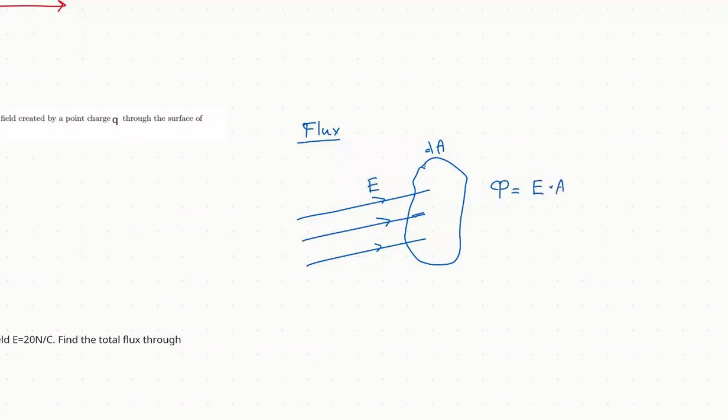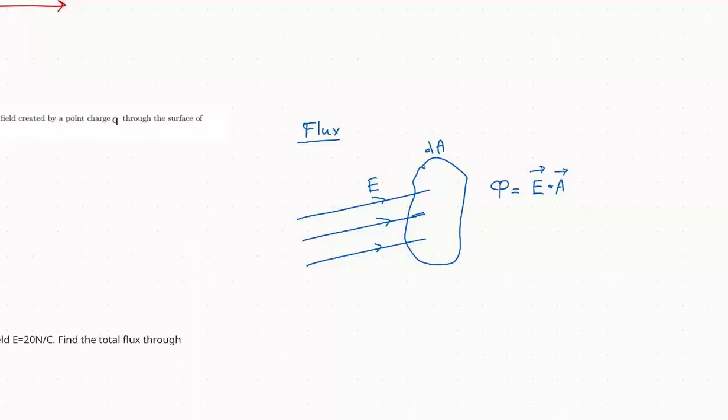But there's a caveat here. It's the dot product of the electric field vector and the area. But you would ask me, Vlad, how could the area be a vector? Area is not a vector. But you can represent area as a vector.